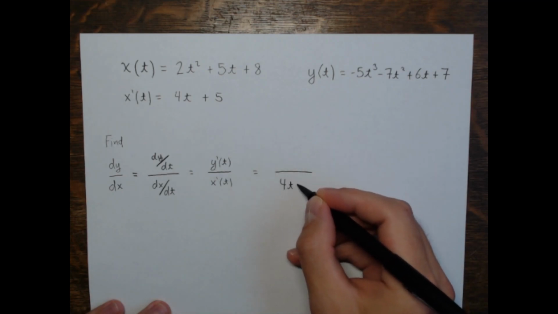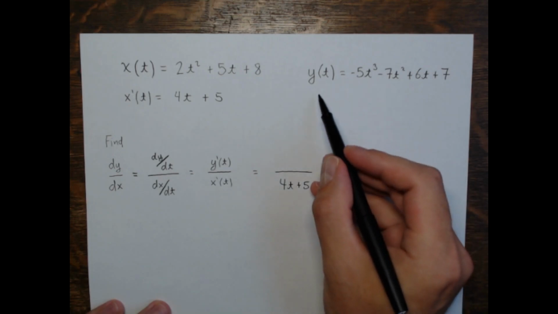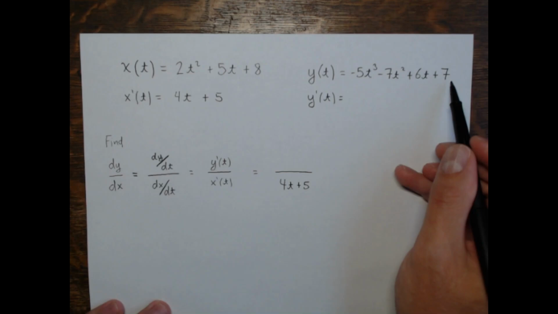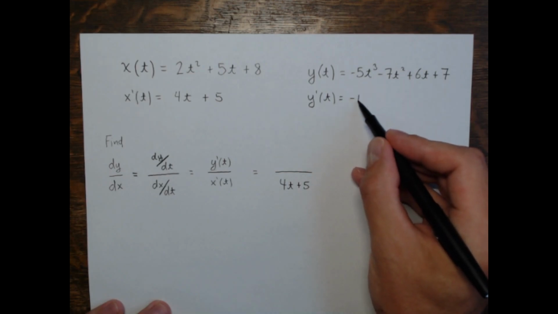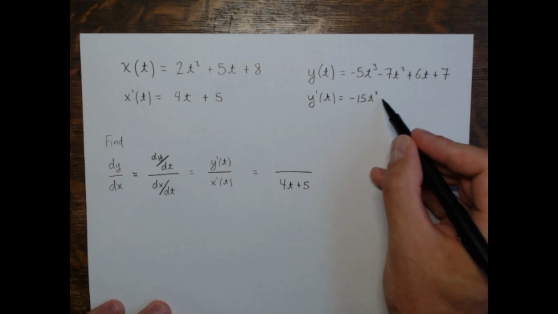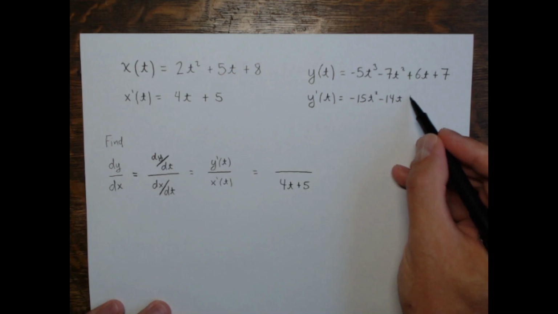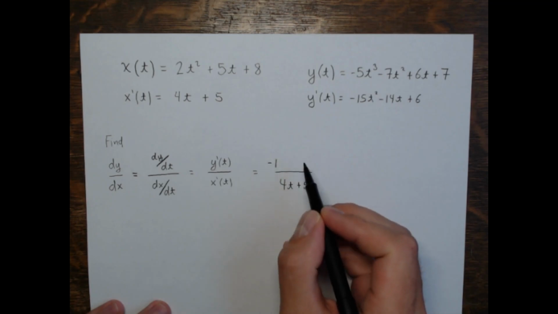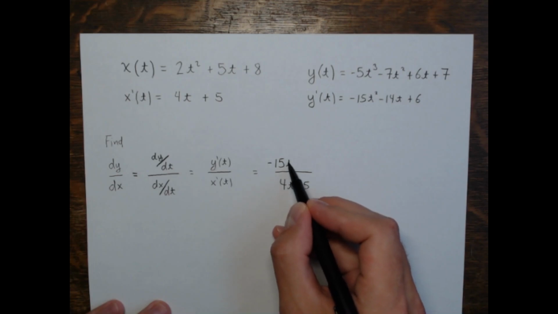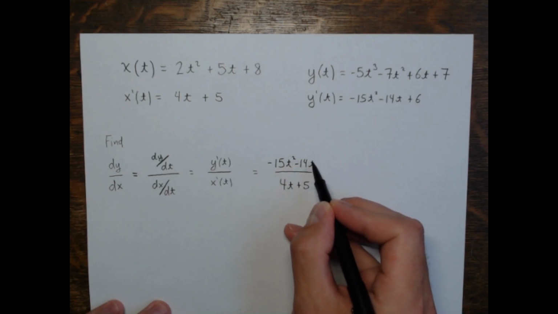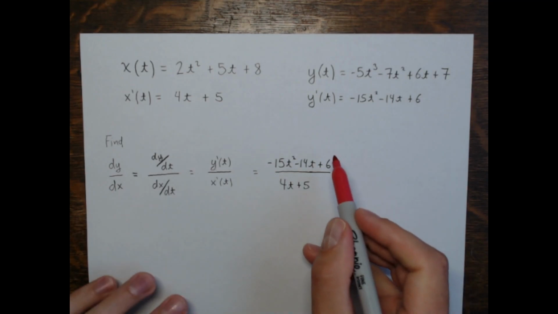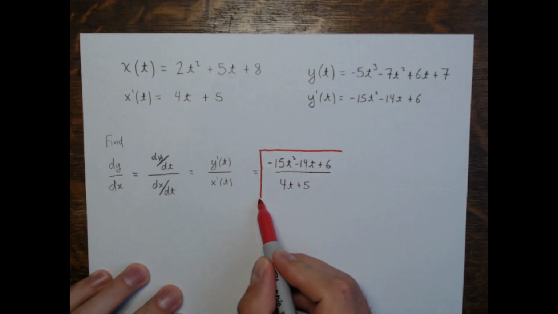So 4t plus 5 in the denominator, and the numerator, y prime or dy over dt, a simple polynomial here, is negative 15t squared minus 14t plus 6. That'll go in the numerator of my derivative expression. So negative 15t squared minus 14t plus 6. And they may ask you to simplify things, but this is it.